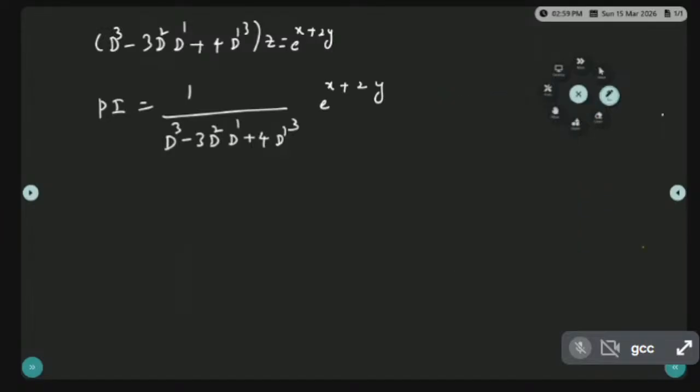Now, the coefficient of x is 1, that is a. And what is the coefficient of y? 2, that is b.